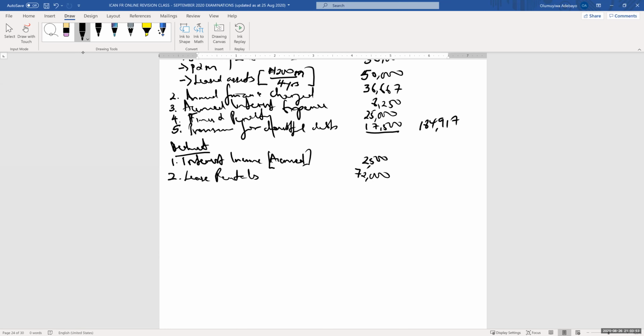When we add these two together, the deductible item is 74,500. That should give us our adjusted profit.